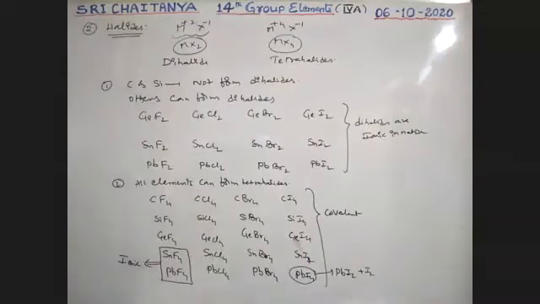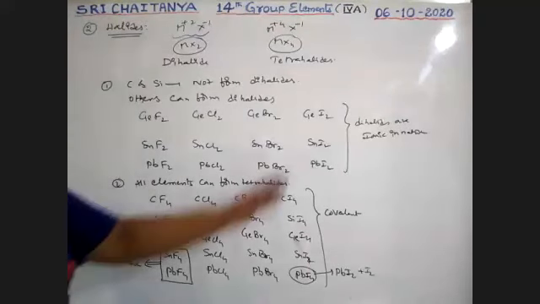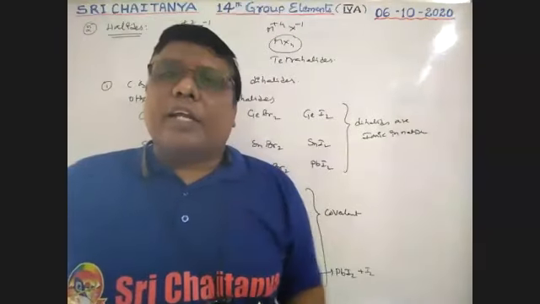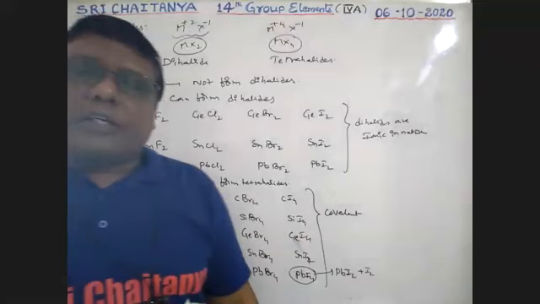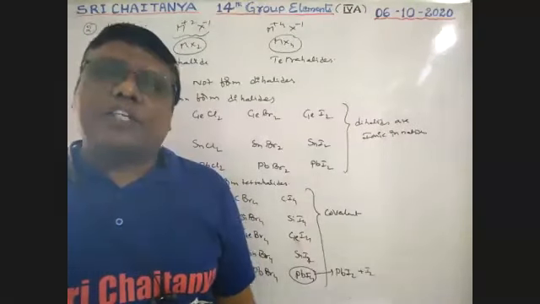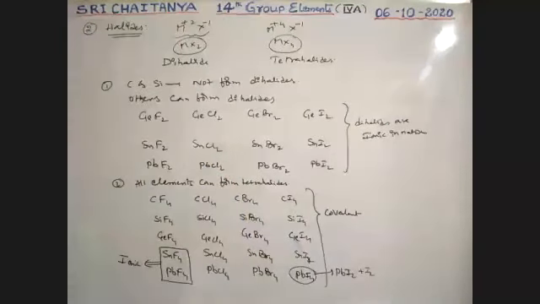All other compounds are covalent. Very, very, very important. That means dihalides are ionic in nature. Most of the tetrahalides, except these two compounds, are covalent in nature.